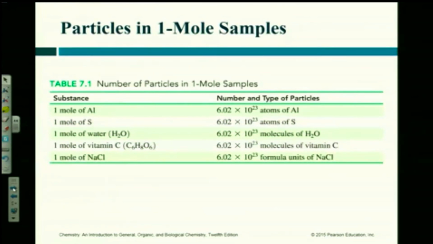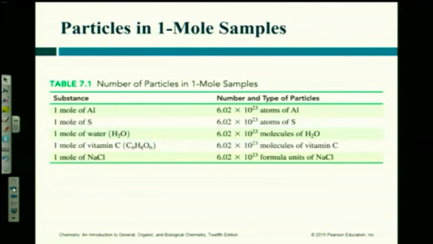Note on the last one down here, 1 mole of sodium chloride is 6.02 times 10 to the 23rd formula units. Why do we call this formula units and not molecules? They're not worded properly. You get 2 things. What kind of things? Elements.